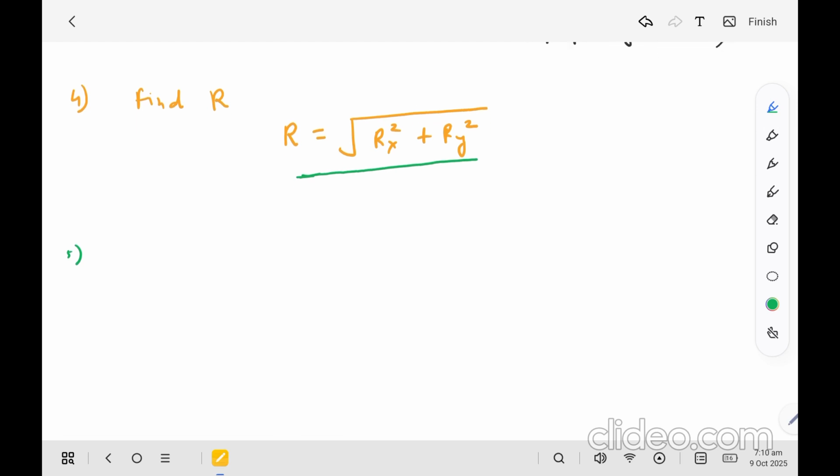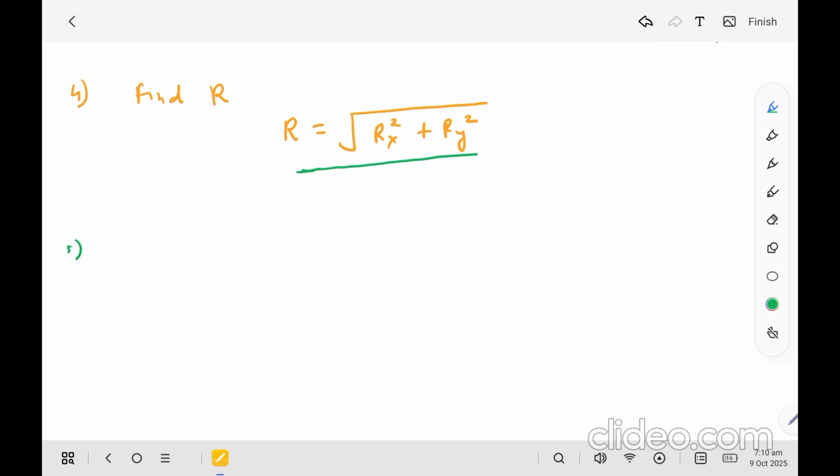Now, in the next step, we will find the sum of all moments of forces.